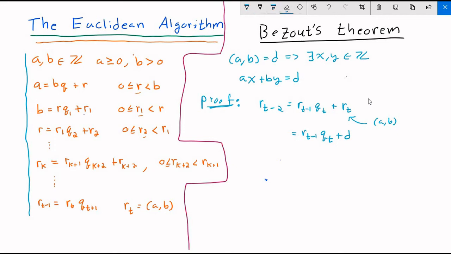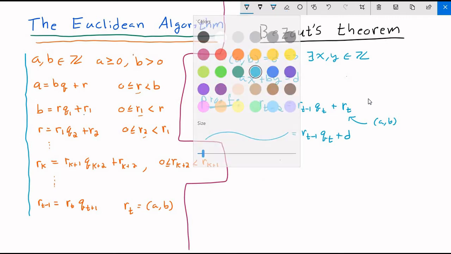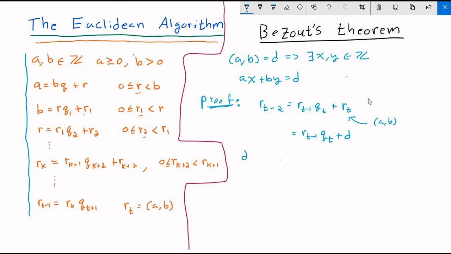But then I can rearrange this equation. I can write d as r sub t minus 2 subtract r sub t minus 1 multiplied by q sub t. Now, again, from the notation of the left-hand side, we can write r sub t minus 3 as r sub t minus 4 multiplied by q sub t minus 2 plus r sub t minus 2.